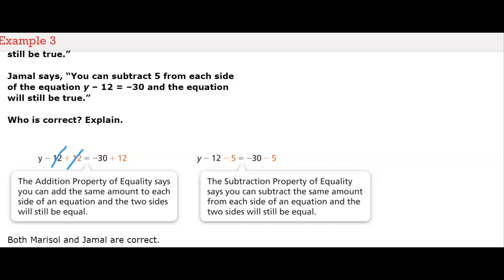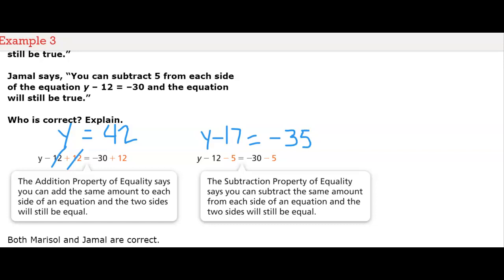These will cancel out, so you're left with y, and then 30 plus 12 will equal 42. And then on this side, for the subtraction, minus 12 and minus 5 will be y minus 17 equal to negative 30 minus 5, which will give us negative 35.